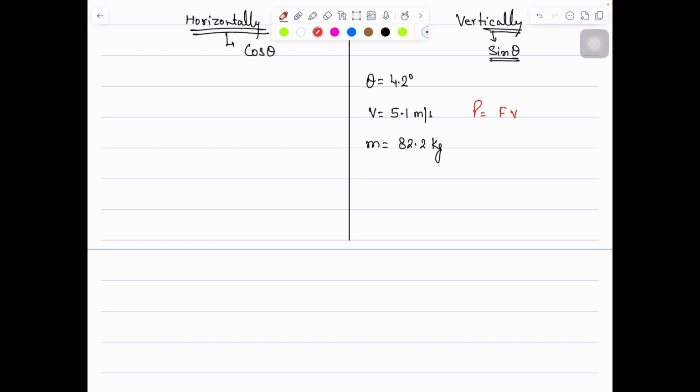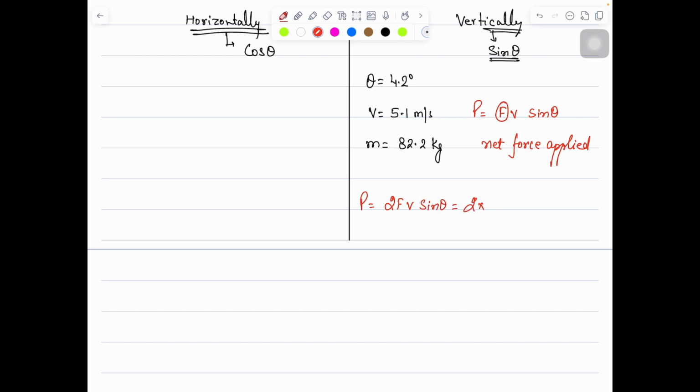Yes or no? Okay. Body is going up. Can I say sine theta? So can I say this is called net force? Net force applied. Yes or no? Okay, solve it. So power is equal to, what is the net force? 2F. Clear? Velocity sine of theta.